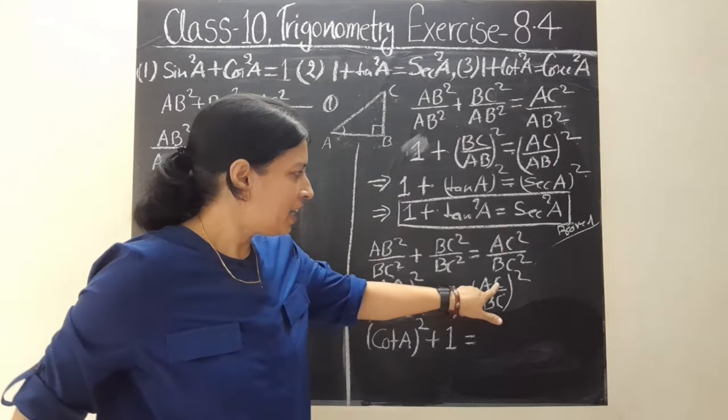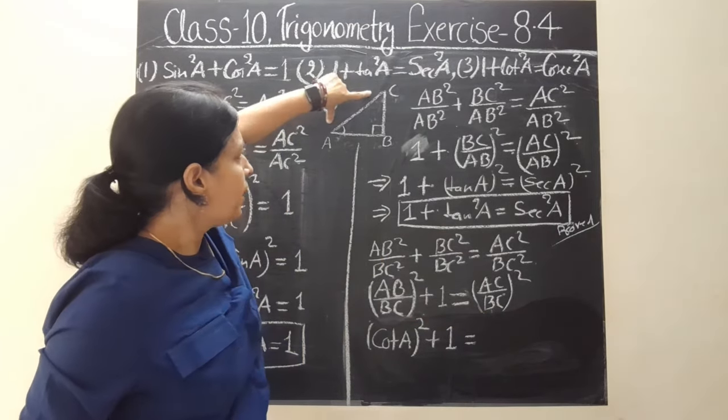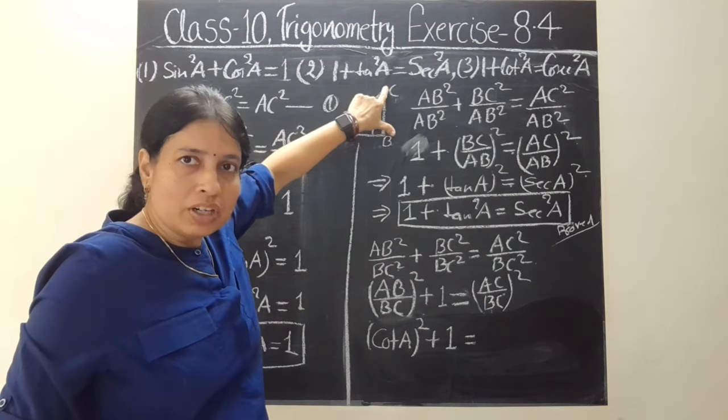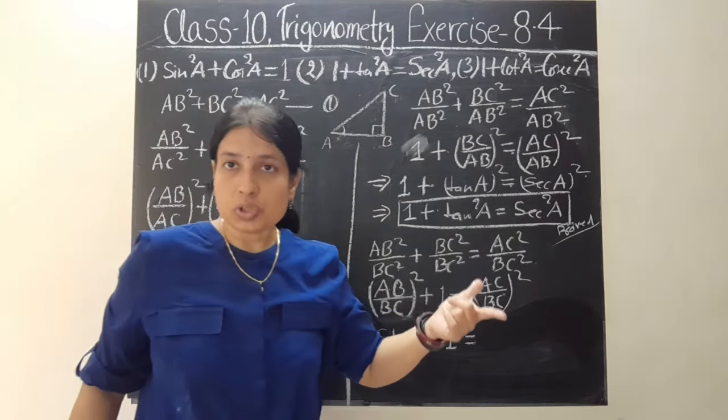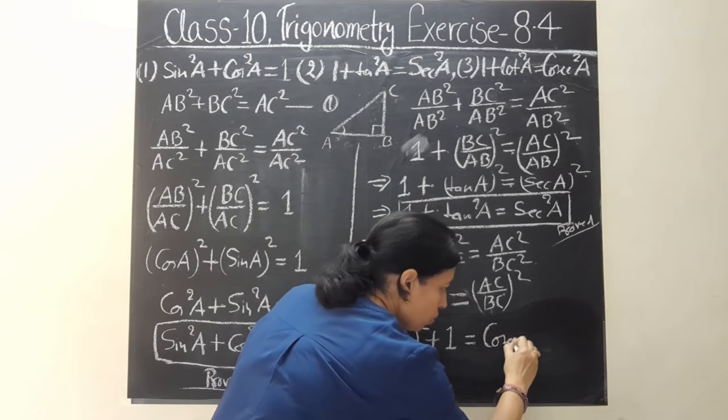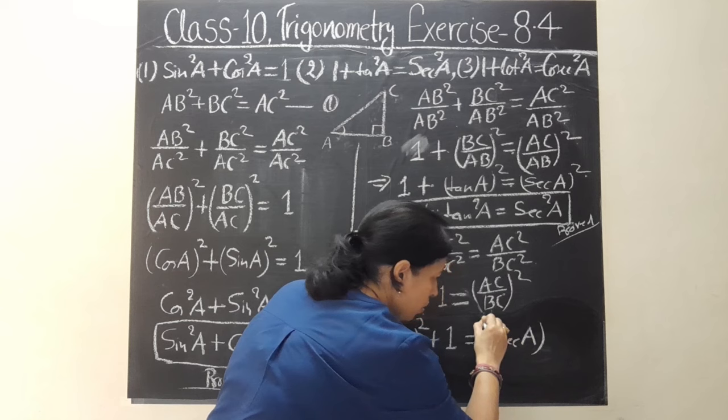Then what will be AC by BC? AC by BC, hypotenuse by perpendicular distance, is called cosec A. So write here cosec A whole square.